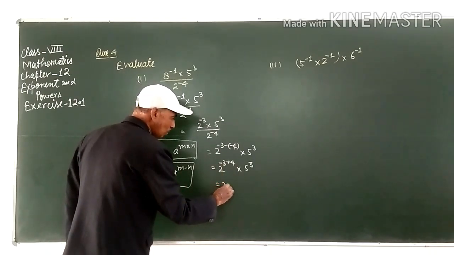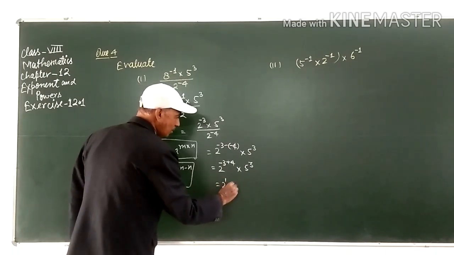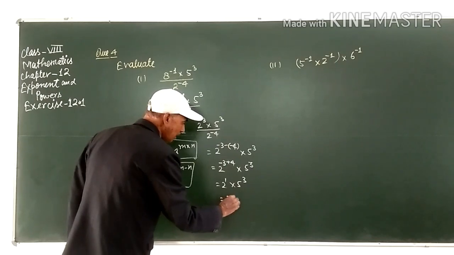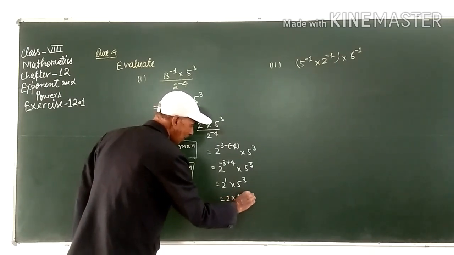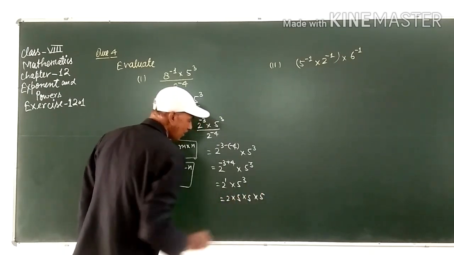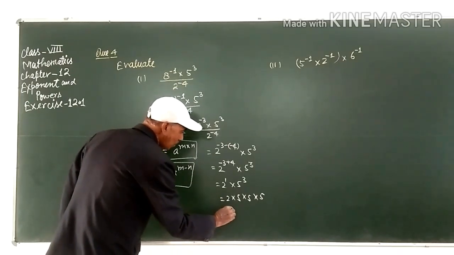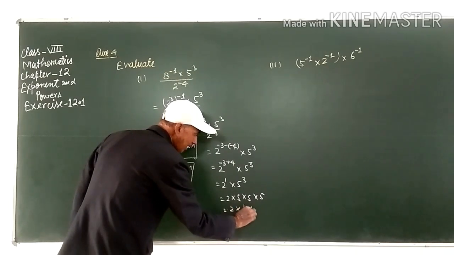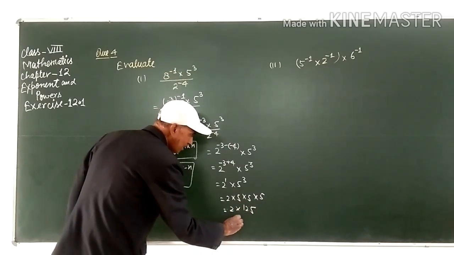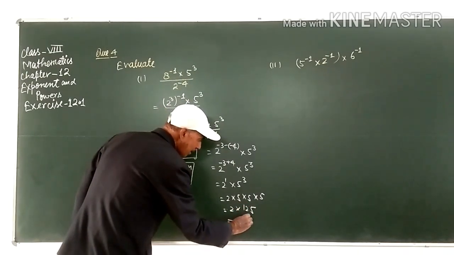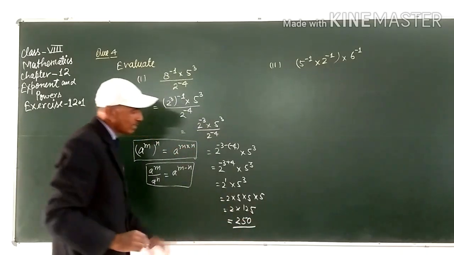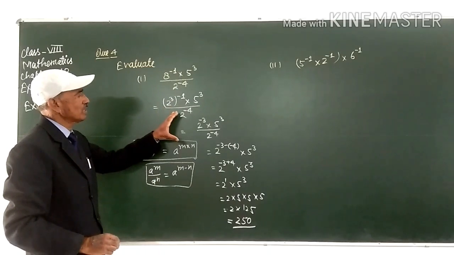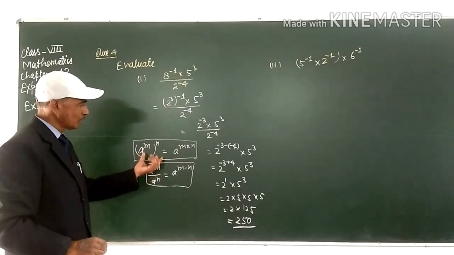So it will be 2 to the power 1 into 5 to the power 3. It means 2 into 5 into 5 into 5, 125, and this one will be 250. This is the answer of this part of the question, and in this question we have used these formulas to solve it.